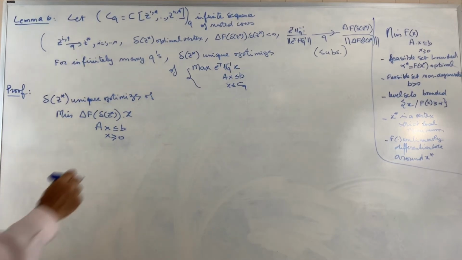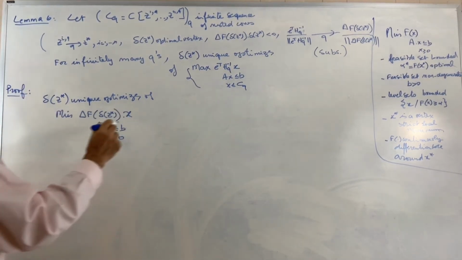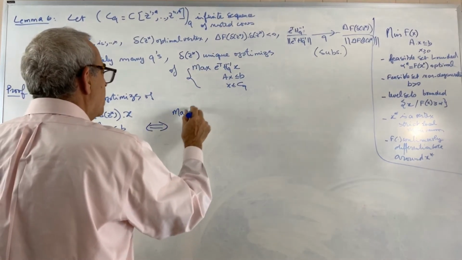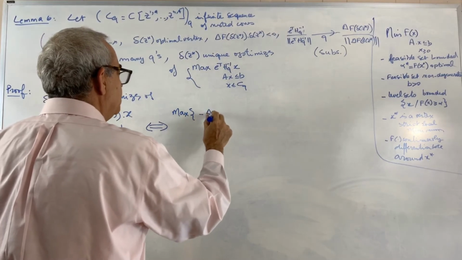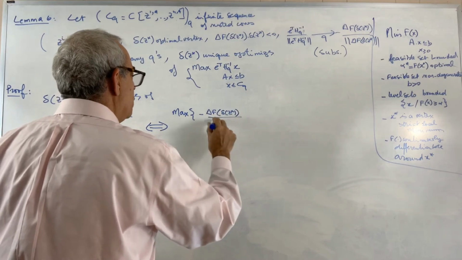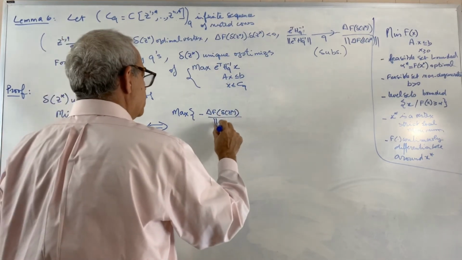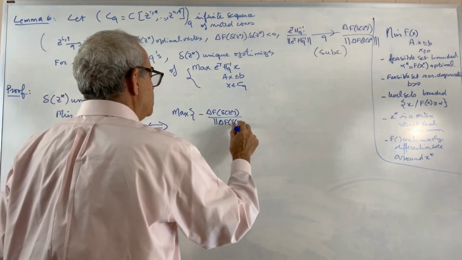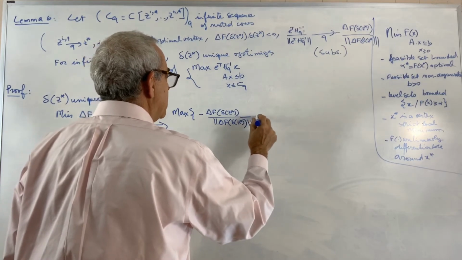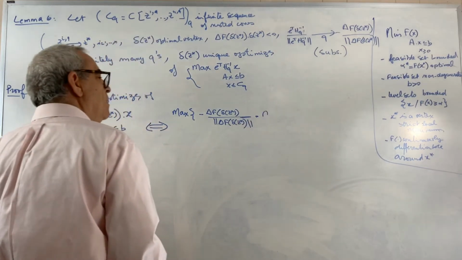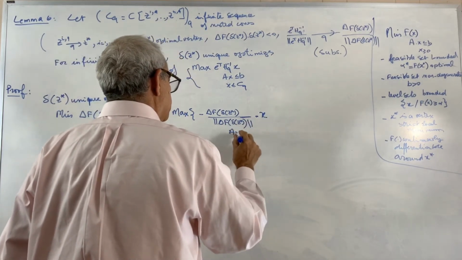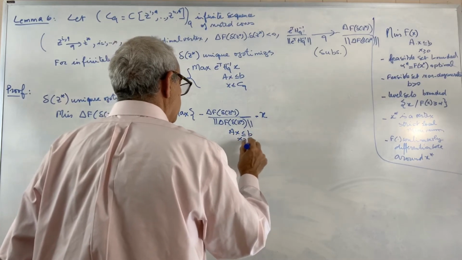Okay, now this program here is equivalent to maximize minus delta F of delta of Z star over the norm of delta F of delta of Z star times X subject to AX less or equal to B, X greater or equal to 0.